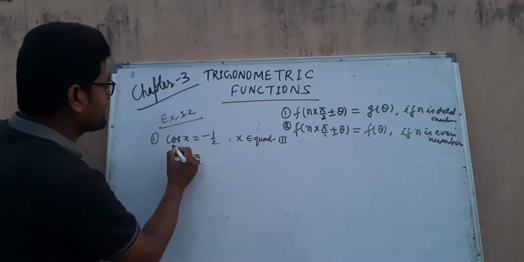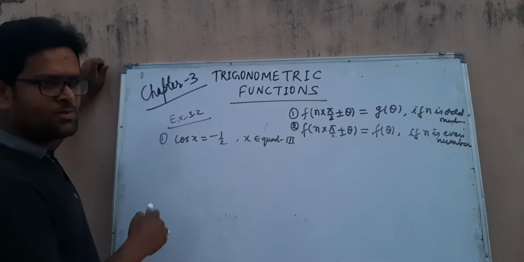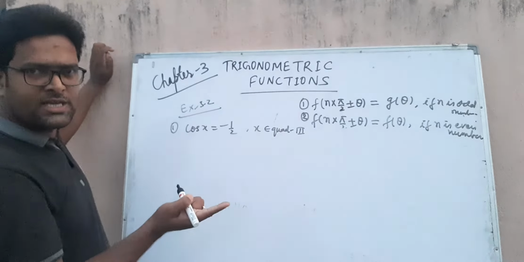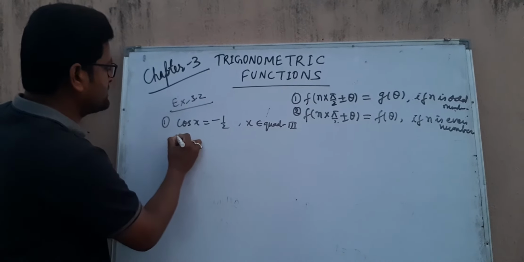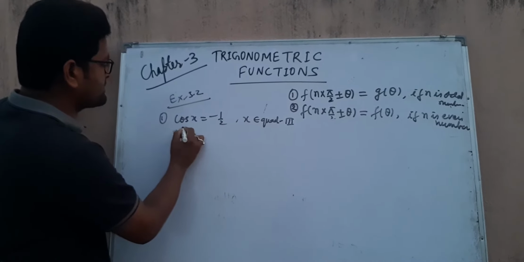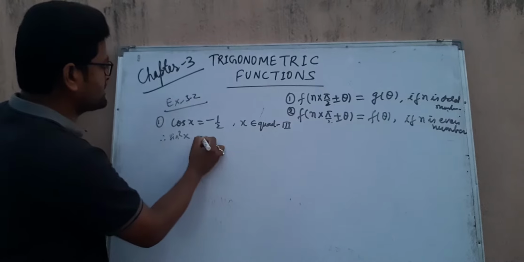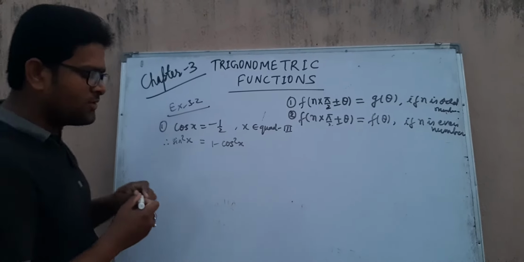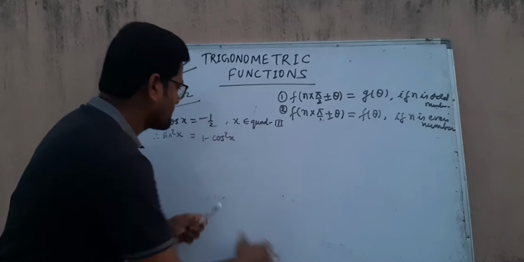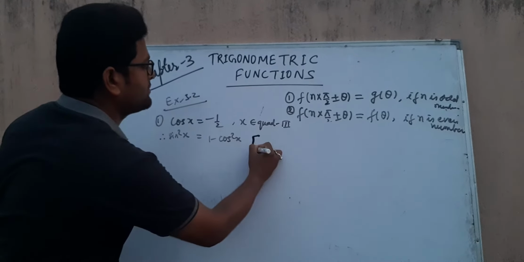Now see, we have got cos x. So based upon cos x, we have one formula, sin square x plus cos square x is equal to 1. Apply that. So can we write sin square x is equal to 1 minus cos square x? Applying that formula, which you already know.